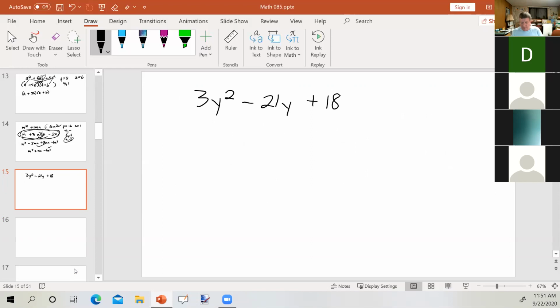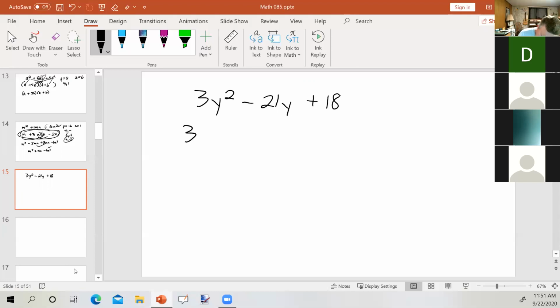So here we have a trinomial. It's in standard form, but it doesn't have a leading coefficient of a 1, and it's not like a negative to factor out. But is there a greatest common factor of the whole trinomial? 3. Yes.